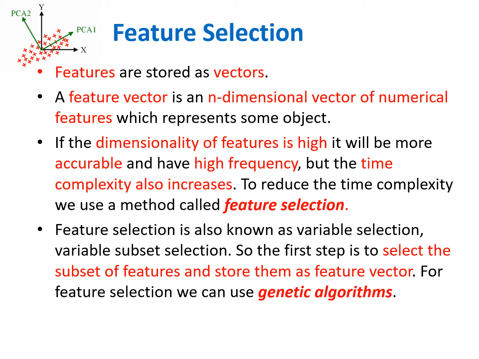Feature selection is also known as variable selection or variable subset selection, and this is the first step to select a subset of features from the existing dataset and store them as a feature vector. For this particular feature selection, genetic algorithms are used to select the appropriate features.